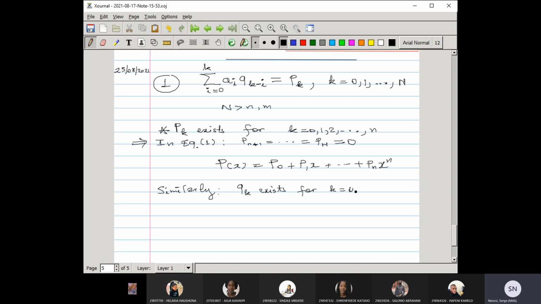You know that q0 is 1, up to qm. So similarly, in equation 1, we would therefore set any other coefficient q that will appear in this formula, that is q m plus 1 up to capital N, they will all be set to 0.